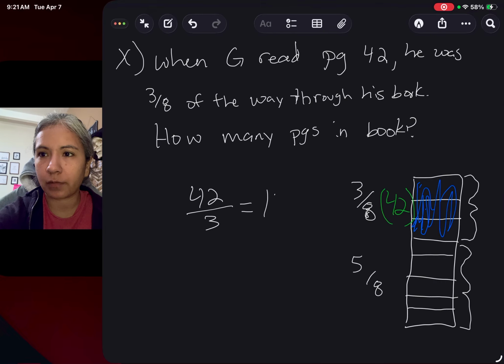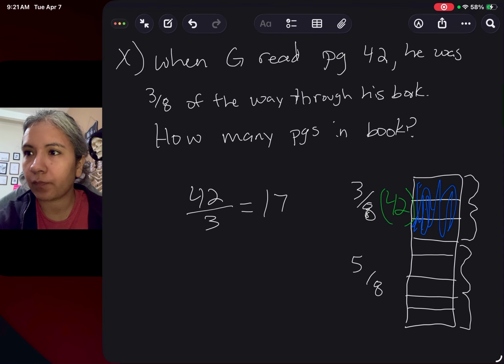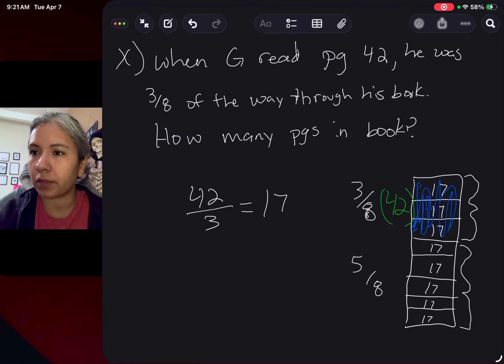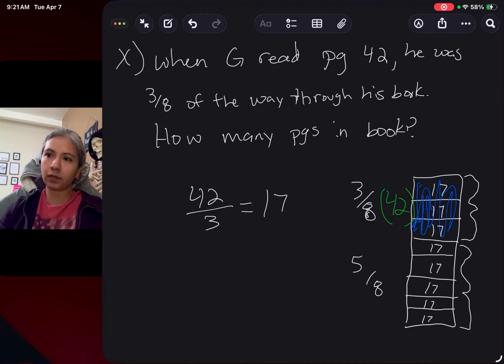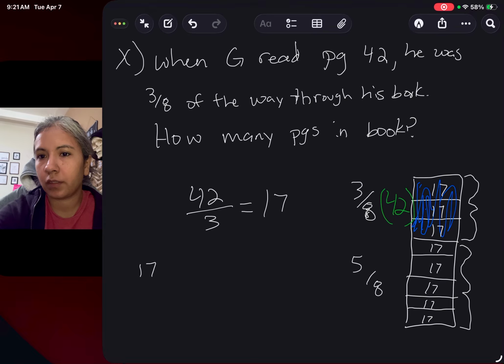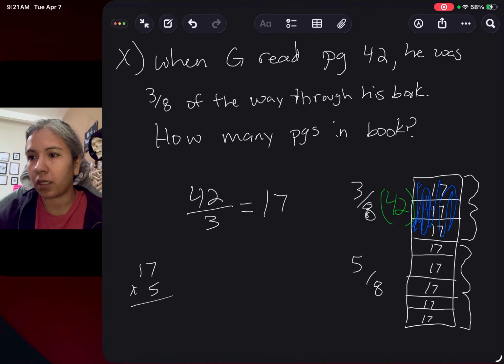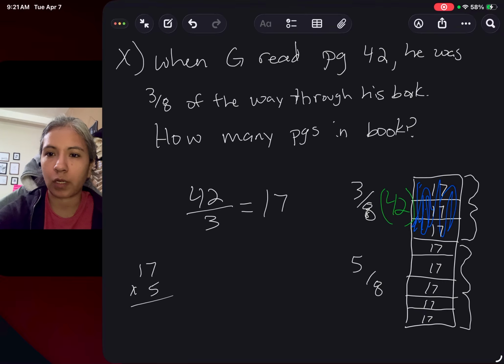42 divided by 3 should be 17. So 17 in each group, and that goes all the way down because they're all equal. So now we can do 17 times 5 to give us how many in the bottom group.